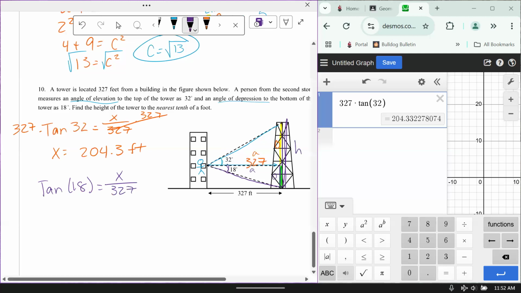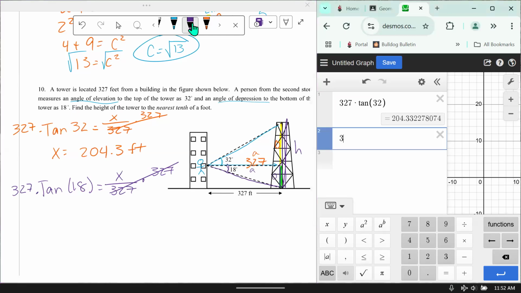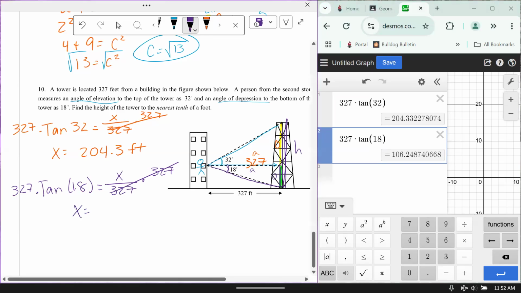The exact same problem, just plugging in 18 for your degree instead of 32. So multiply 327 out. We get 327 times tangent of 18, and we get x equals 106 point, round to the nearest tenth, stay at 2.